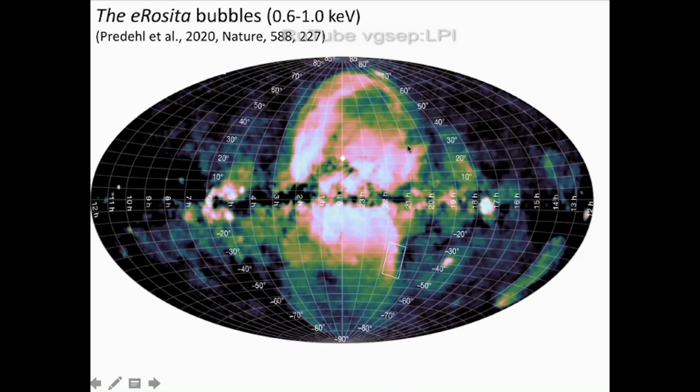These are called the eRosita bubbles, which are two gigantic bubbles extending all the way to 80 degrees in galactic latitude. Because the eRosita bubble has a southern counterpart, it's very likely that it's also generated by some energetic event that happened at the galactic center.